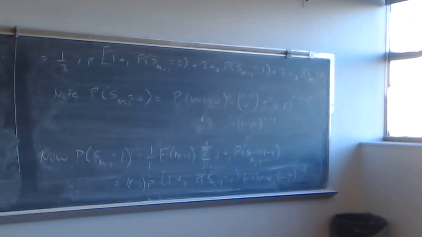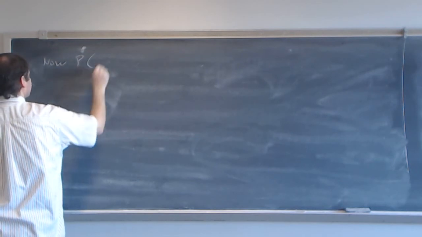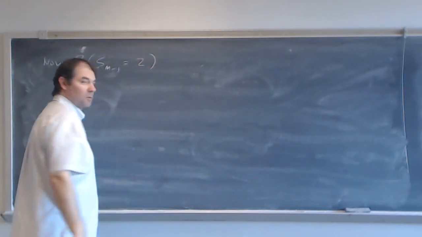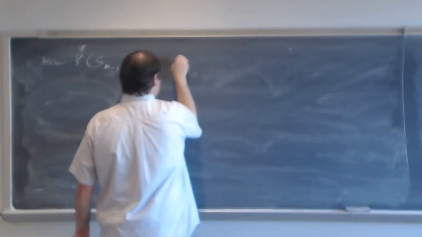All right, that's good. Now the hardest one. The probability that S of m minus 1 was equal to 2. We're going to use that identity, that corollary, the compound random variable identity.